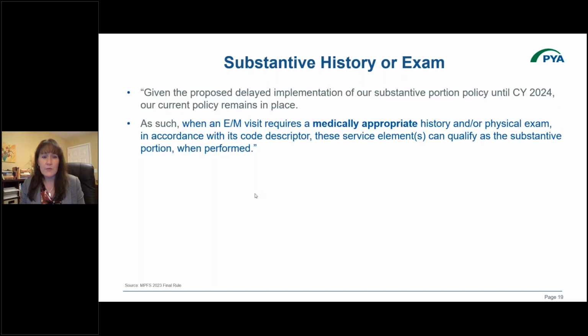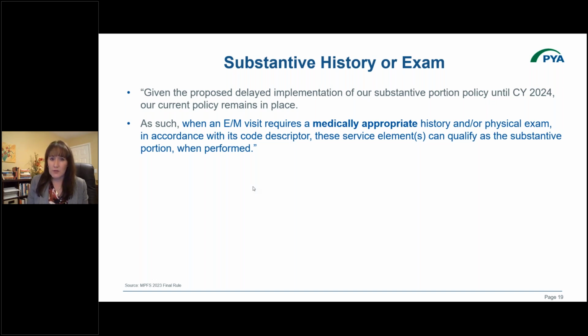I did skip one slide, but this is basically showing that the Medicare physician fee schedule final rule for 2023 indicates the same and reiterates that the E&M visit requires a medically appropriate history or exam in accordance with its code descriptor, which is not clear, to qualify for the substantive portion when performed.